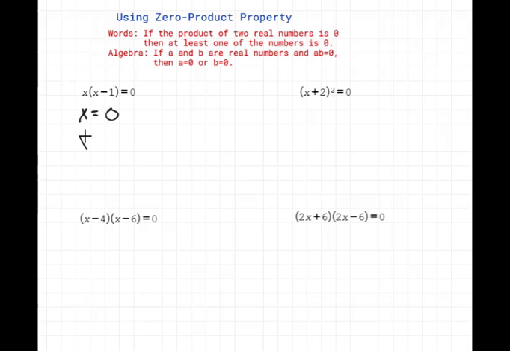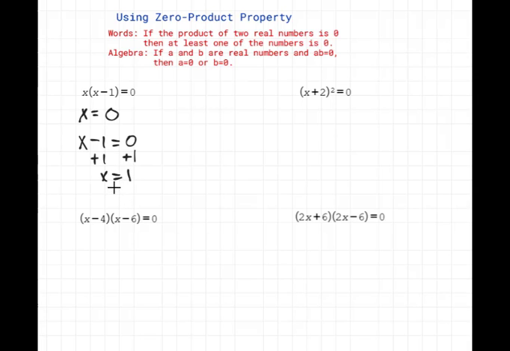Take our second term of x minus 1 is equal to 0. In order to isolate the x by itself, we're going to move the 1 to the other side. We always do this by using opposite operations. Since this is subtraction, we're going to add 1 to both sides. X is equal to 1.